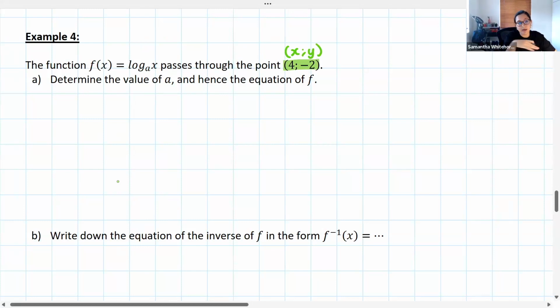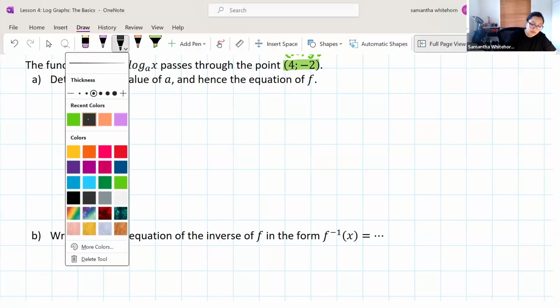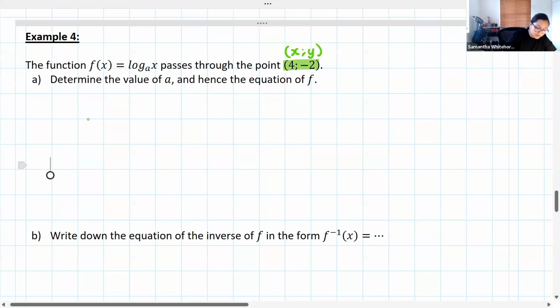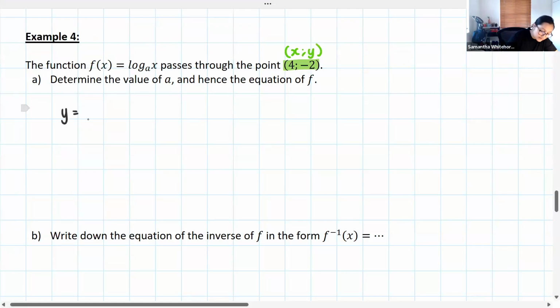Now, if we go back and have a look at what we've been given, we were given f of x equals log base a of x. The only thing I technically don't know there is a, because I've got an x and y value through my coordinates. So when we now look at the first question, determine the value of a and hence the equation of f, immediately I know what to do. I'm going to substitute. So I've got y is equal to log base a of x.